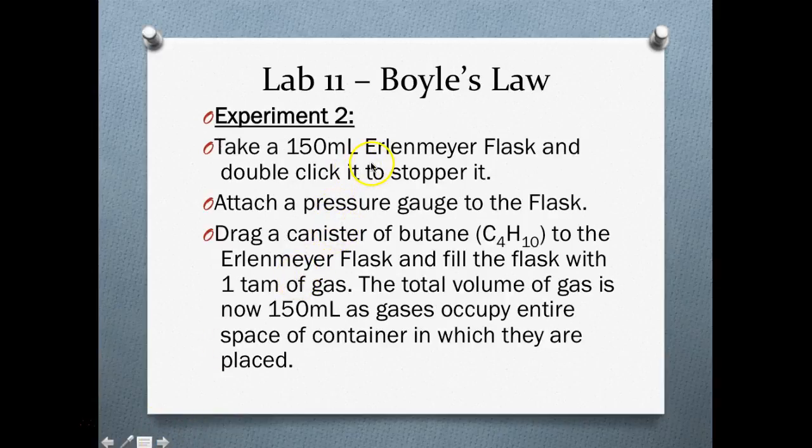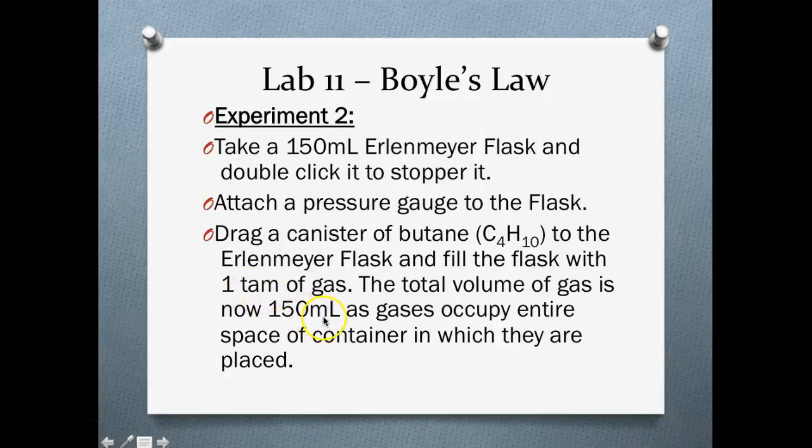For experiment 2, you're repeating this but with a different gas. This time it's butane. You're taking the flask, attaching the pressure gauge, taking the canister of butane and filling the flask with 1 ATM of gas.